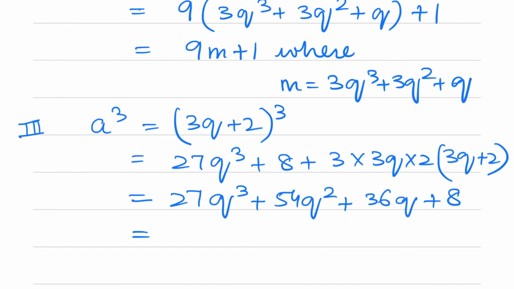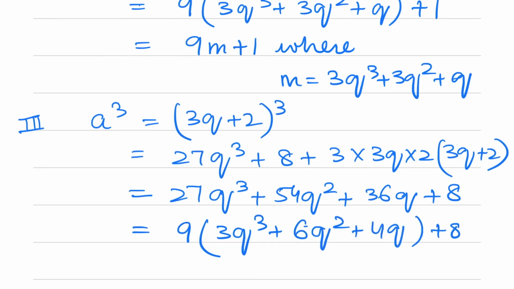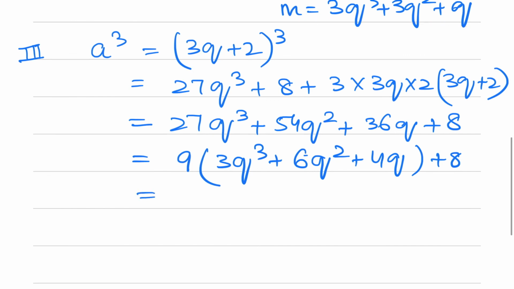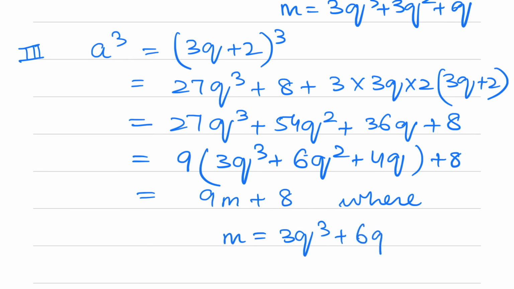So here we can take 9 common again. So 9 into 3q cube plus 6q square plus 4q, plus 8. So this I can write as 9m plus 8, where m is equal to 3q cube plus 6q square plus 4q.